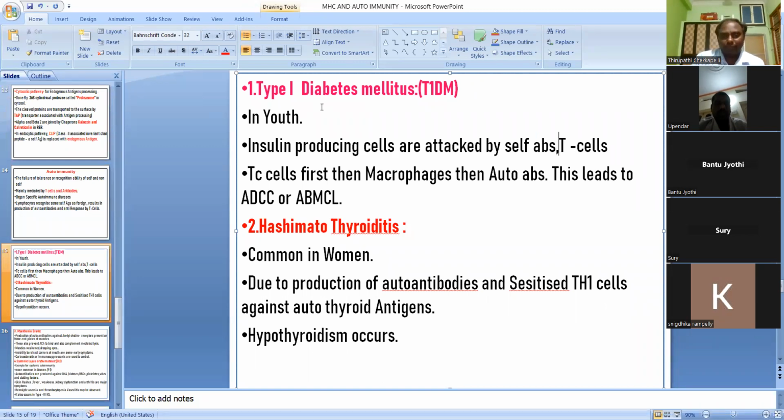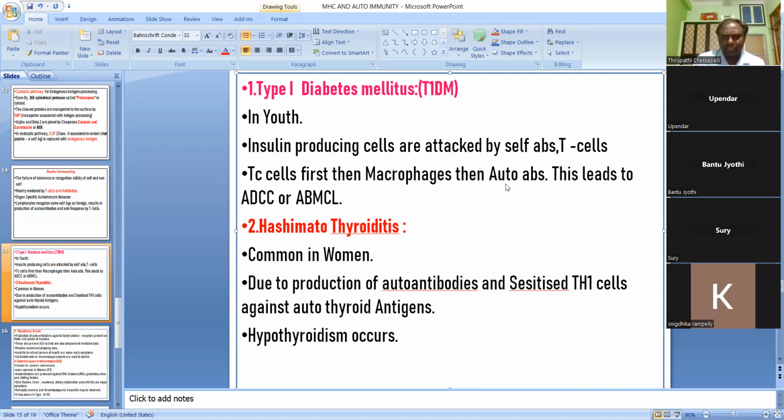And in type 1 diabetes mellitus autoimmune disease, self antibodies react on pancreatic insulin producing cells. The beta cells are attacked by our own antibodies. That causes damage to our pancreatic organ, so that causes type 1 diabetes mellitus. What happens? Insulin is not produced.